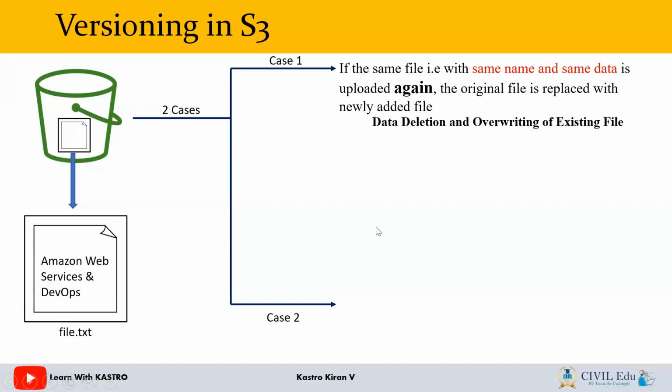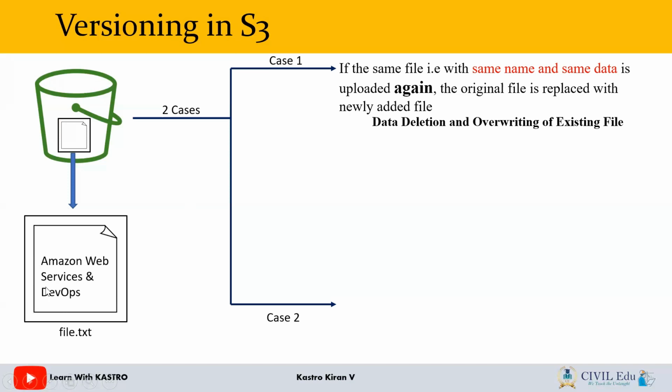The original file will get replaced with the newly added file that we have uploaded in case one. Since in case one and in the original scenario the file name and the content are the same, there is no problem, because the content is the same in both.